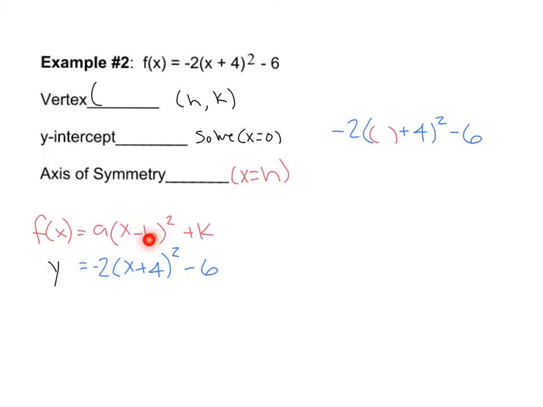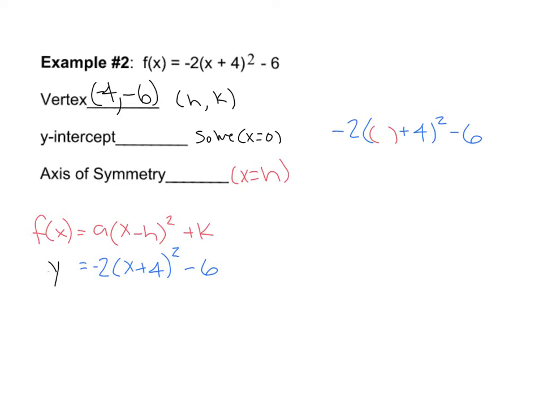Now be careful, because originally it's supposed to be negative. Here this turned into a positive, so that tells me that my h is actually going to be a negative 4. And then k, same concept here. See, originally in the formula it's positive. Here it's negative, so that tells me something happened, so it is a negative 6. All right, so we get (-4, -6) for the vertex.